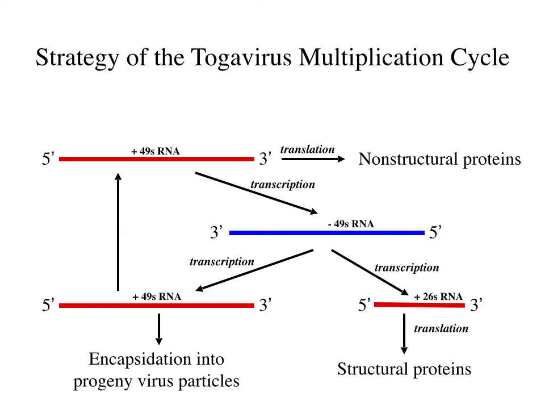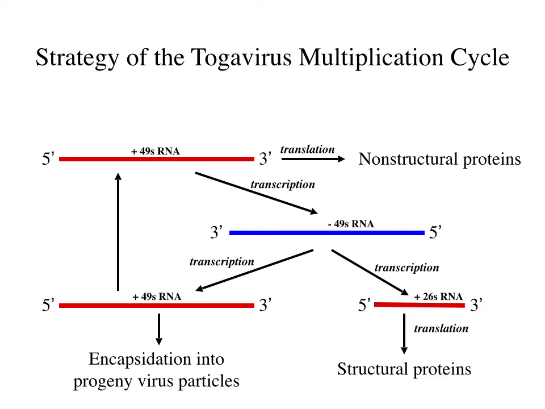You get the shift to transcription of the negative sense RNA. Remember, you have to go through that negative strand as part of the replication scheme because it's complementary. So you make a full-length negative sense RNA.